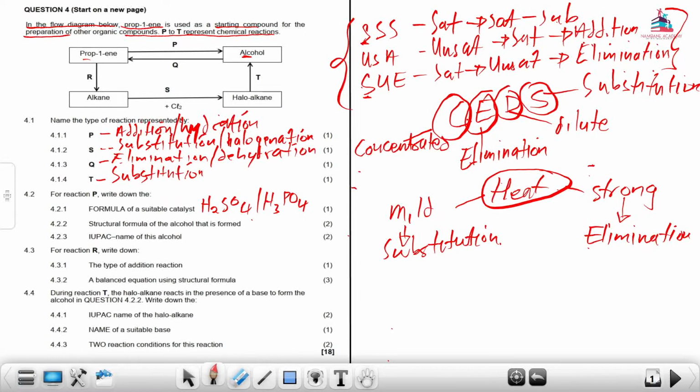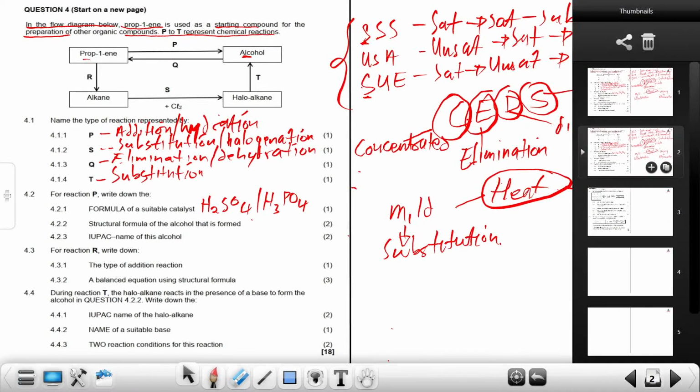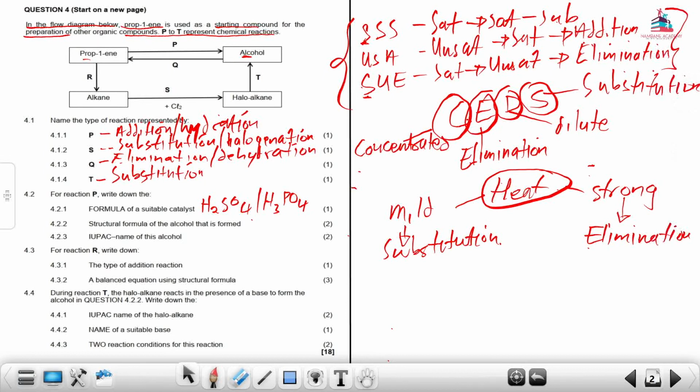Let me copy this so that I can create space for us, because this one I want to explain in detail as to how we are going to get the product that is going to be formed. Remember, in the first video I said we have a rule called Markovnikov's rule.